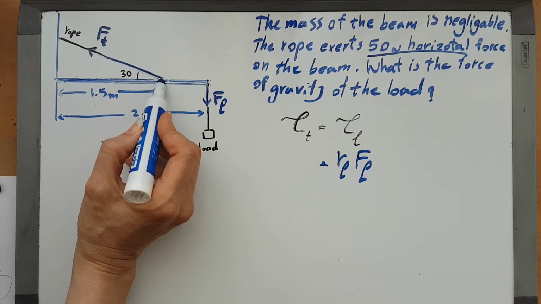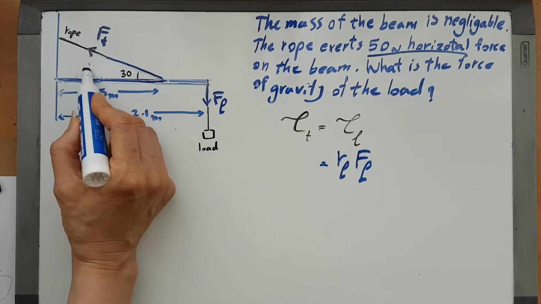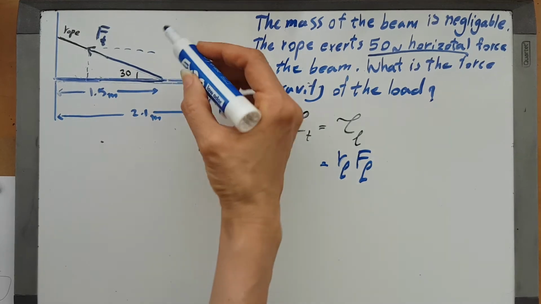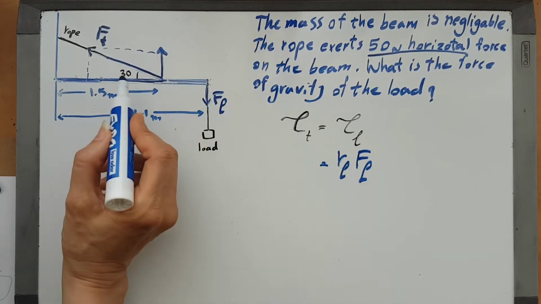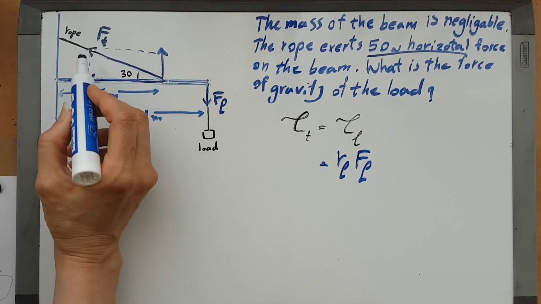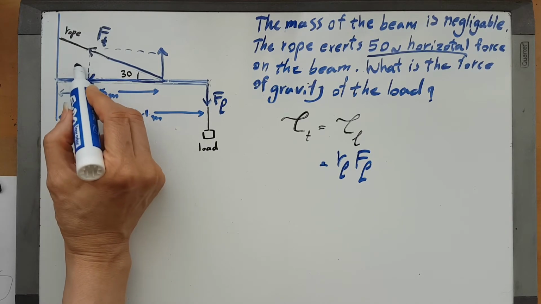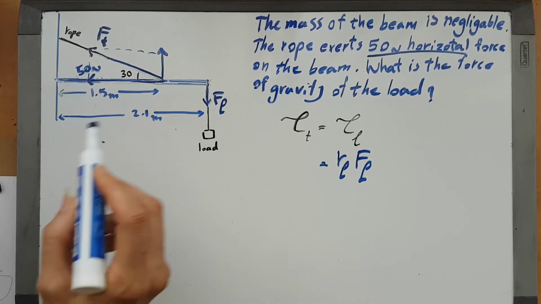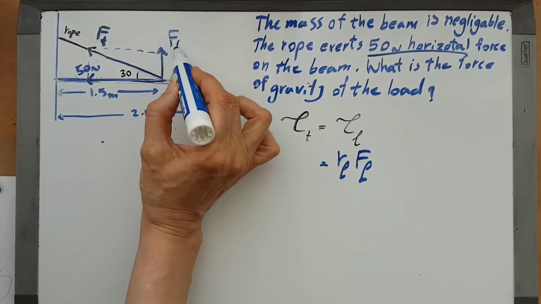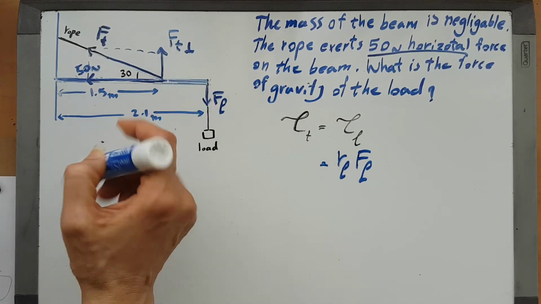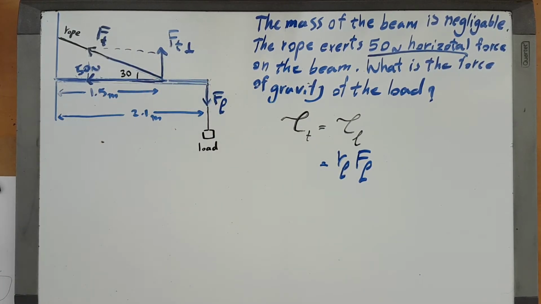This is the information I have about it. So if I divide it to its components, this is given to me, which is 50 Newton, and this F of the tension, the perpendicular, is what is causing the torque for me.